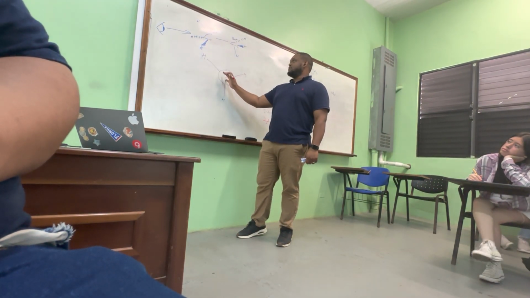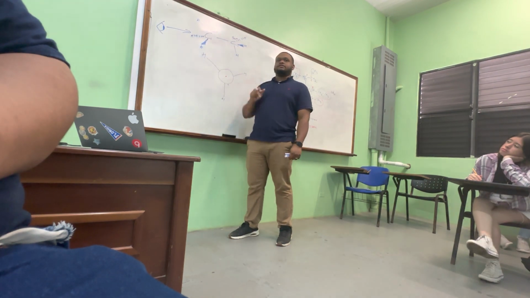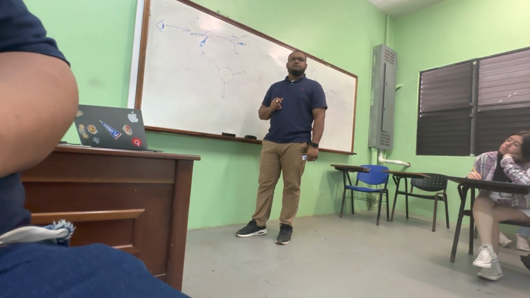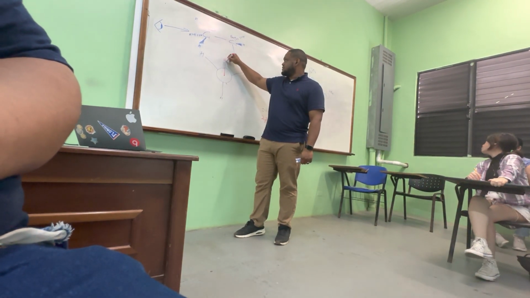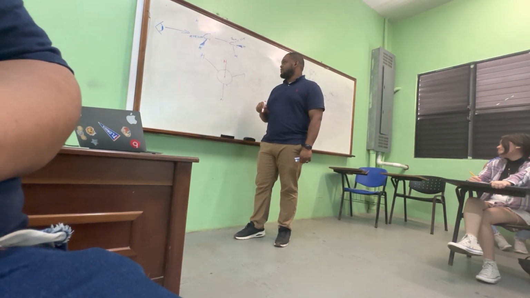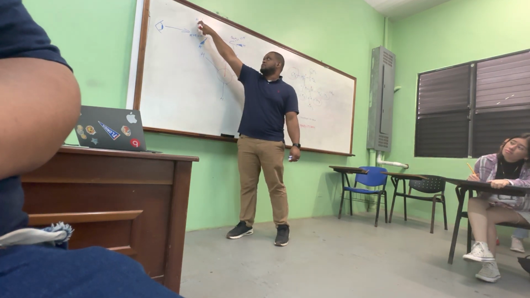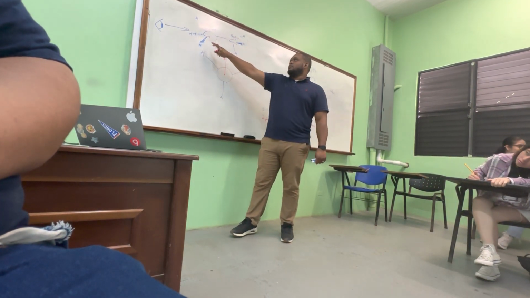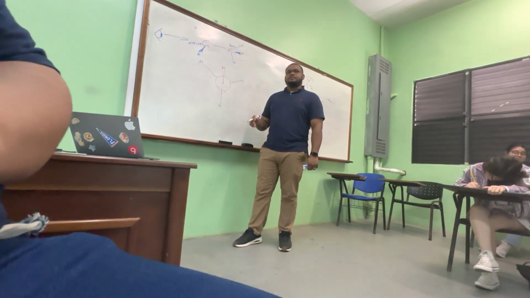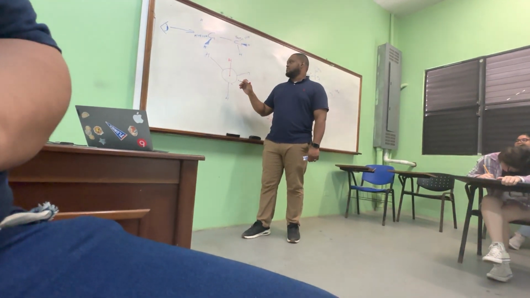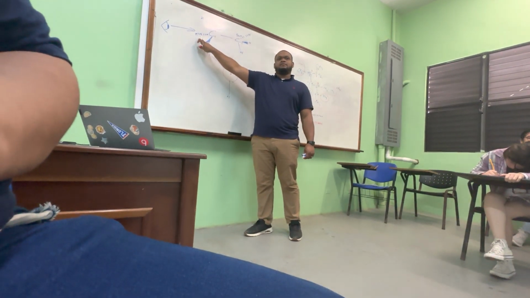So this carbon, where does this hydrogen exist? On the top. So this is carbon 1 in front, and this hydrogen is on the top. What about this hydrogen? Left or right? This hydrogen is to the back.